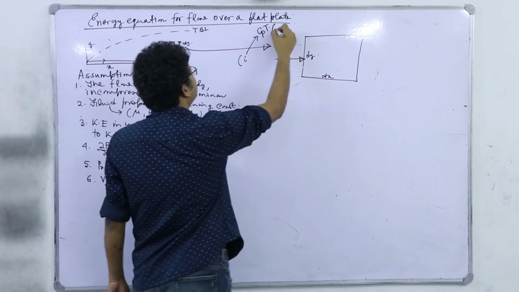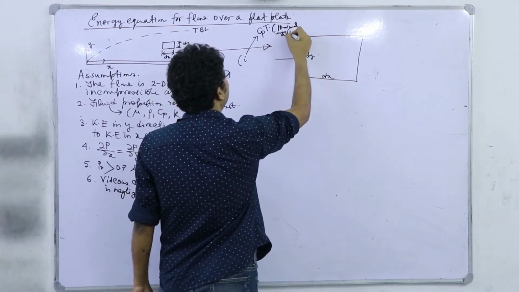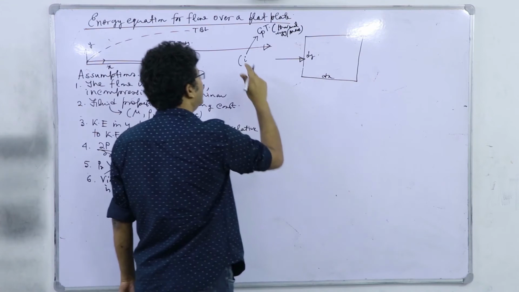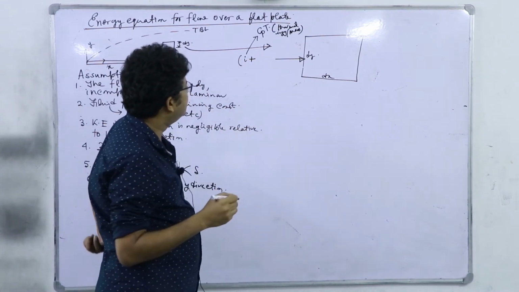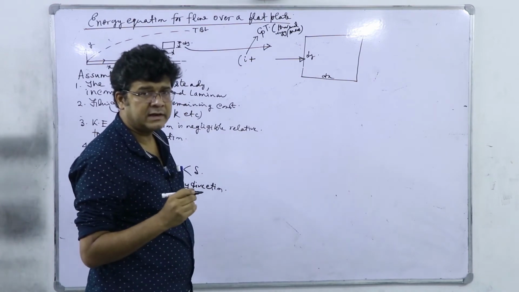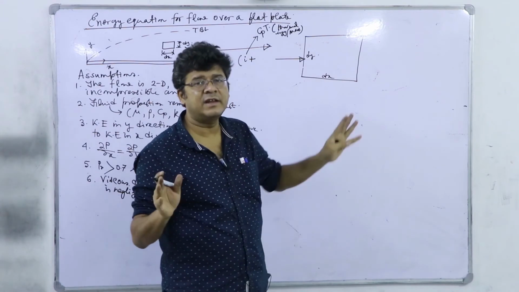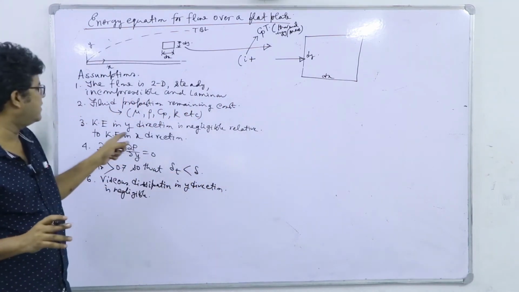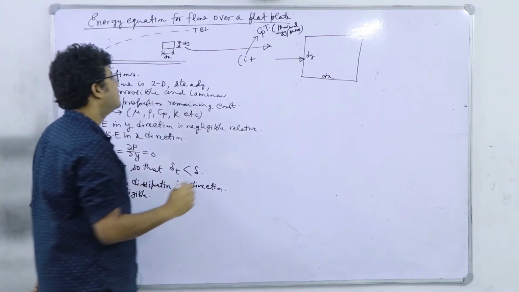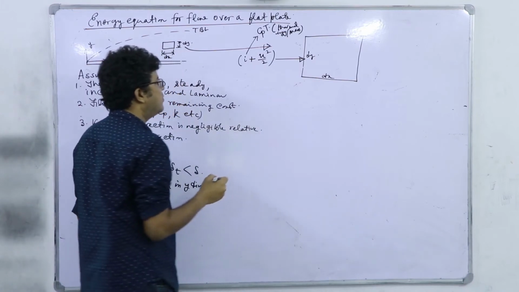So we will consider this as thermal energy per unit mass, I. And what are the other forms of energy? Definitely the kinetic energy, because from here to here the potential energy change is negligibly small, and we have neglected the kinetic energy in the y direction. So the kinetic energy term is only u square by 2 per unit mass.